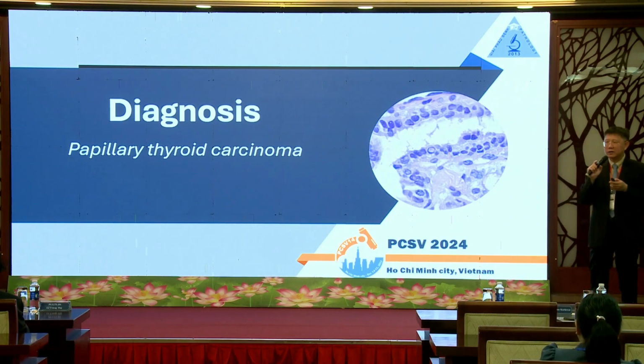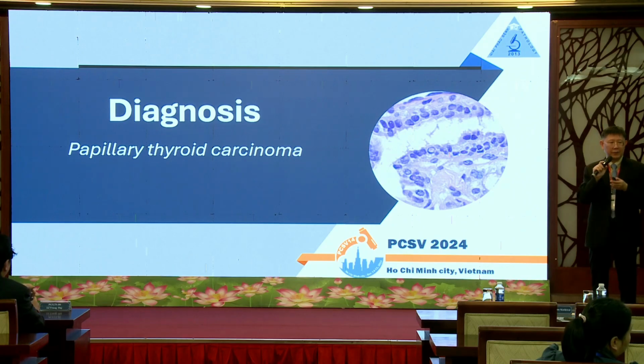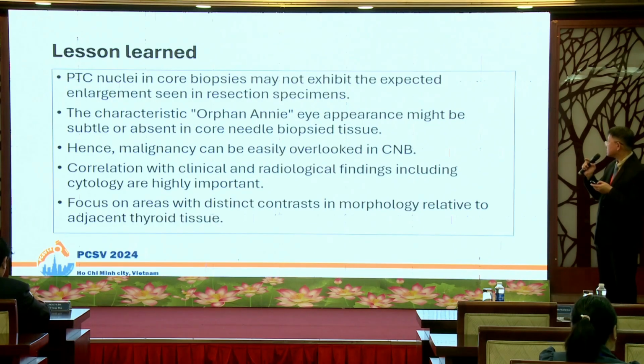What I want to emphasize in this case is that when you get a core needle biopsy specimen, be careful, because you may not see the typical chain of nuclei of papillary thyroid carcinoma as you see in the surgical pathology specimen.